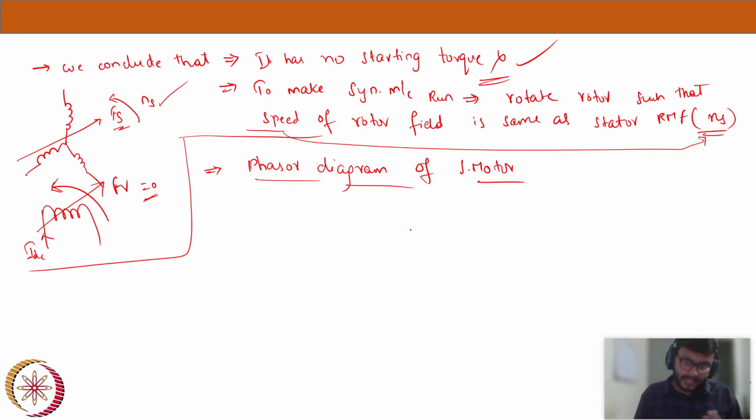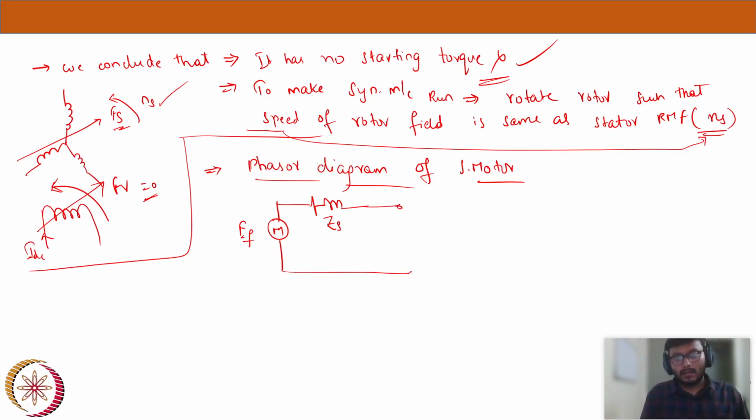See, my synchronous motor will have some excitation voltage, which we call EF, and it will have some impedance, some resistance and also reactance. We call it the synchronous impedance, ZS, and at the end we just have a supply at some voltage.